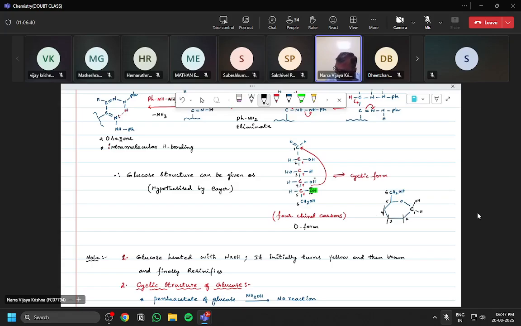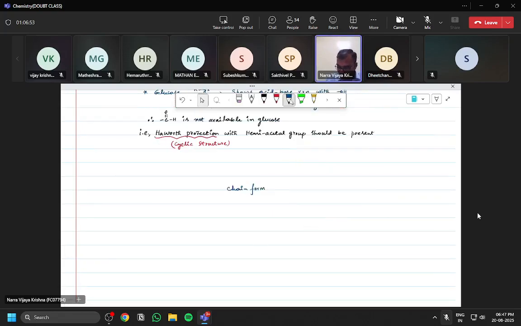When this donated, you may get this OH group either above or below. Both are equally possible, so I'm drawing those structures. From the cyclic form of glucose, when oxygen donated a lone pair, you get the chain form, and from the chain form, you get the cyclic form. On the cyclic form, you have other substituents. Here I am writing the CH2OH group.